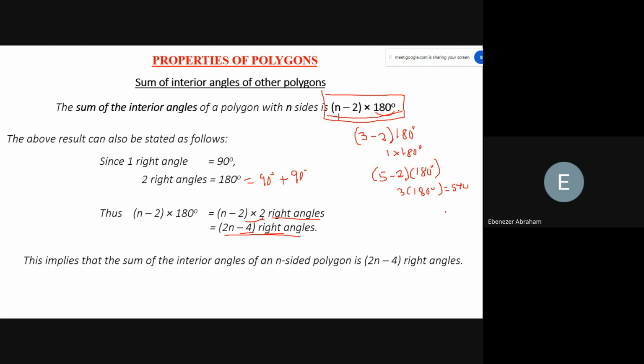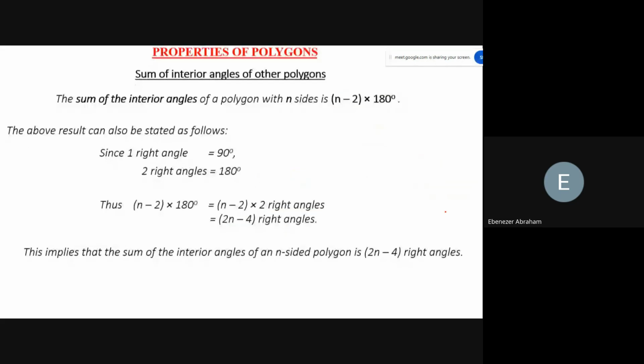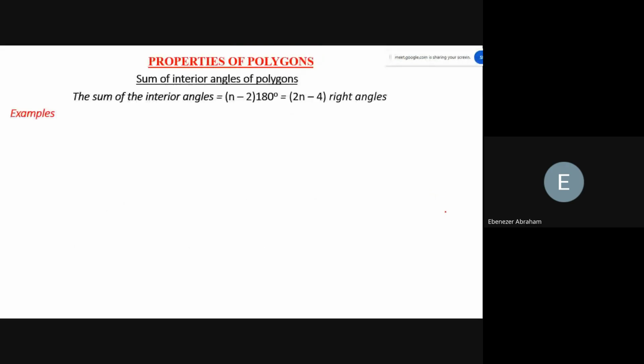Someone should read this question and help us solve it. Find the sum of interior angles of a polygon with 12 sides.